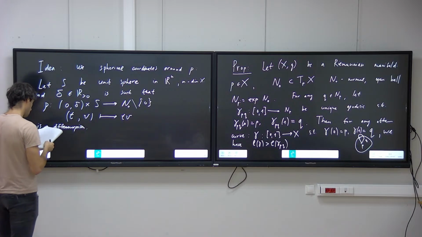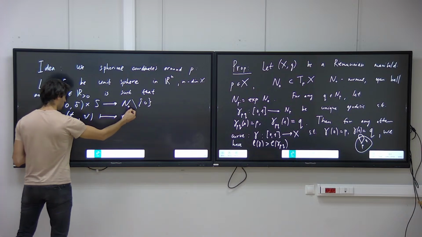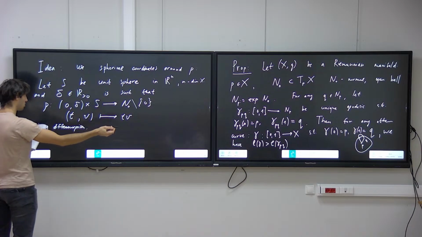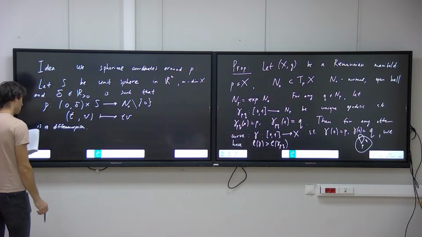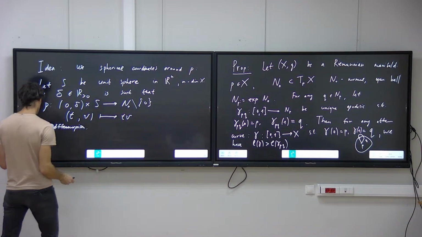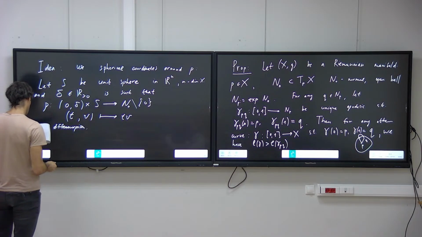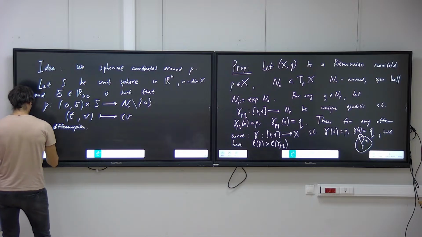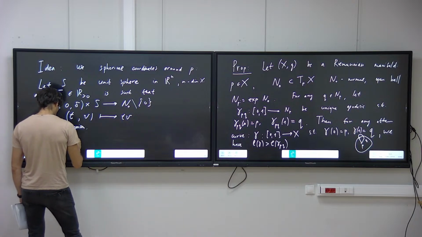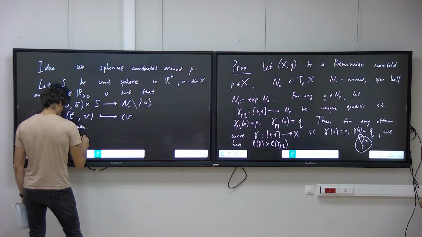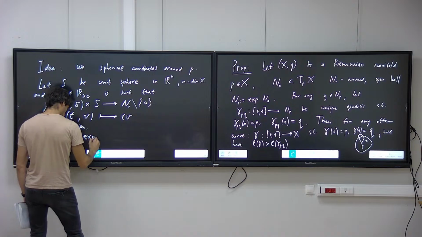Of course, these are coordinates on N0 without 0, but I can also make them coordinates on the image of N0 without 0 using the exponential map. So we define phi as the composition of the exponential map and rho.